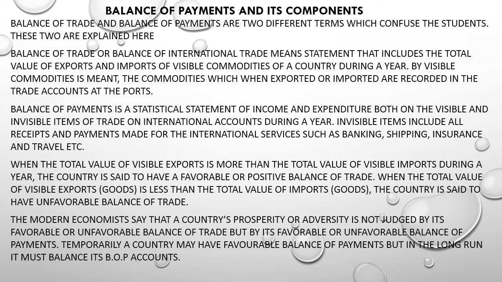But most of the economists are of the view that balance of trade should include only two items, visible exports and imports, that is of goods and commodities, and invisible goods, that is services.